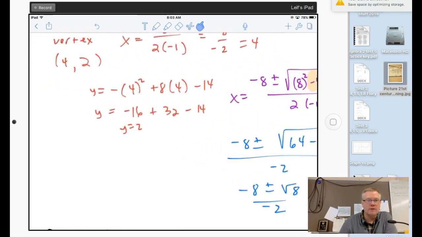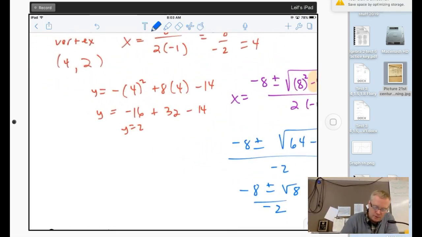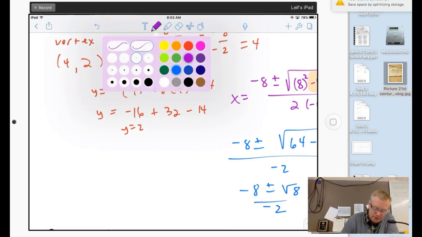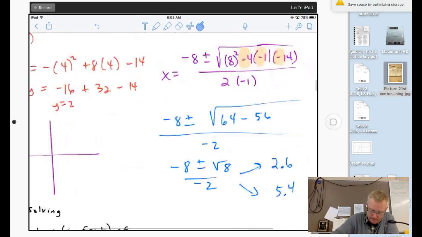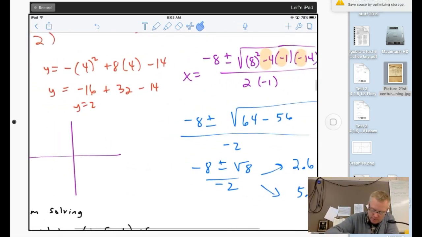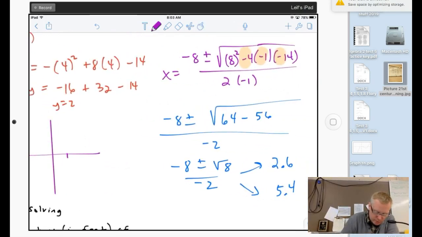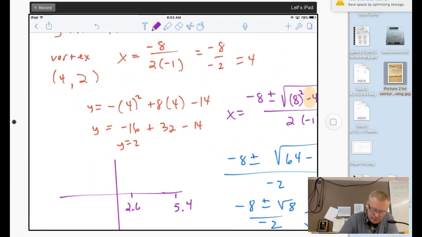Okay, so I'm going to graph this one next, and since A was negative, this is going to open down. So these are my x-intercepts, 2.6 and 5.4. And the vertex is at 4, 2.